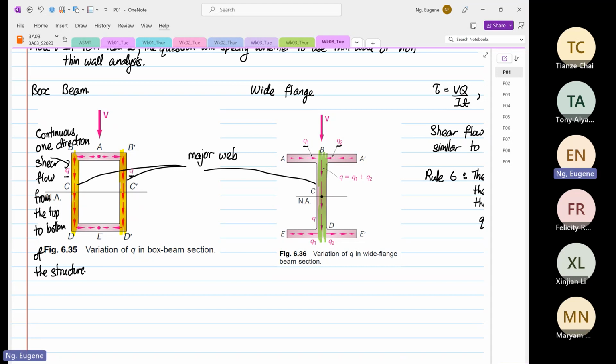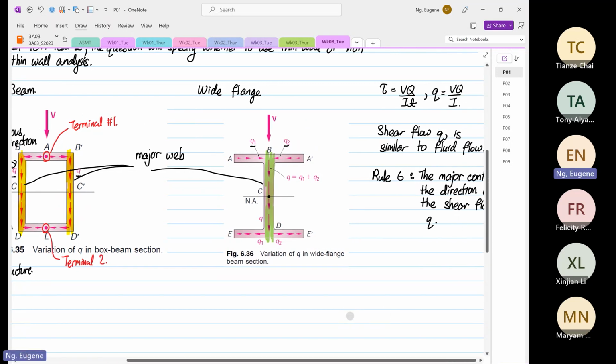Okay. Later on, I'll come to an example. And then I want you to look at the box beam on the left. On the box beam, point A and point B, you can see these points over here, on the box beam analysis, these are known as terminals. So this is terminal 1, and this is terminal 2.